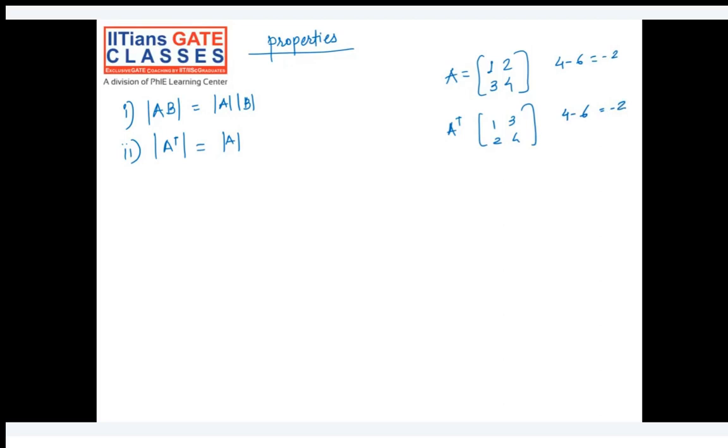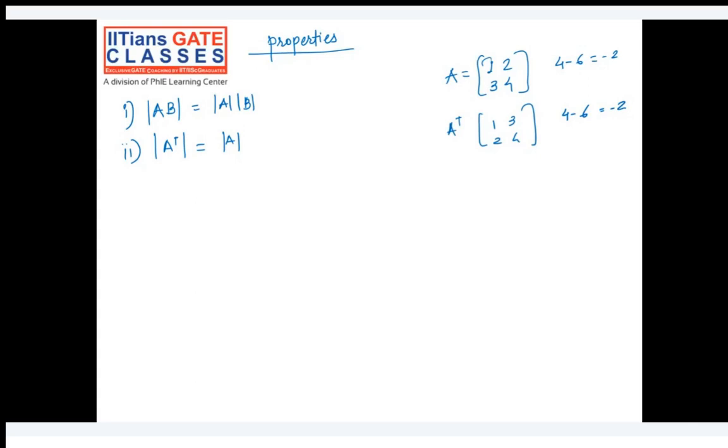So in short, what we can say here is, apart from the principal diagonal terms, the rest of the terms, which are complementary terms, a12 or a21, or in a 3 by 3 matrix a13, a31, a23, a32, and so on, they will interchange.